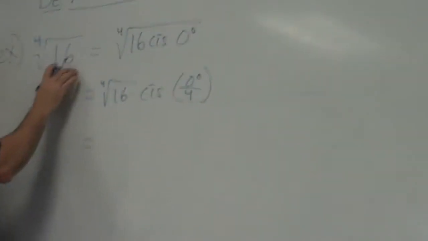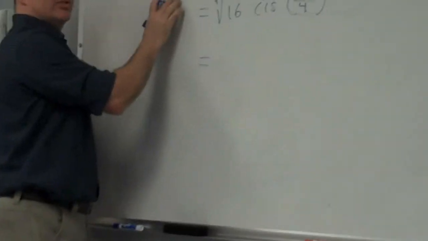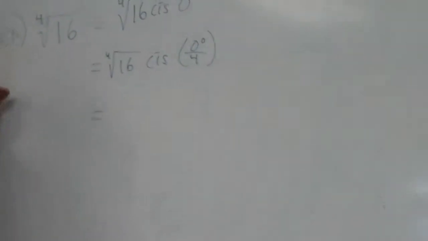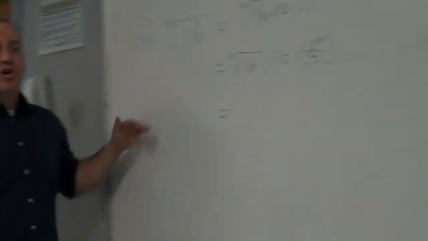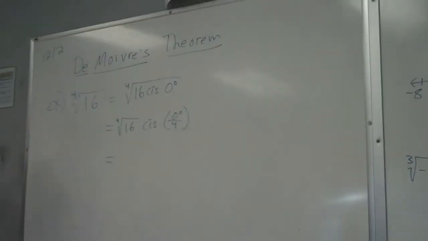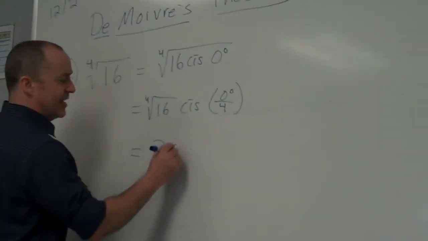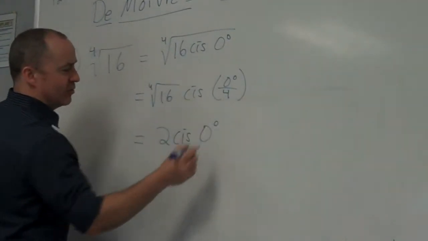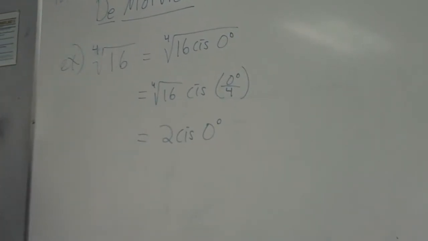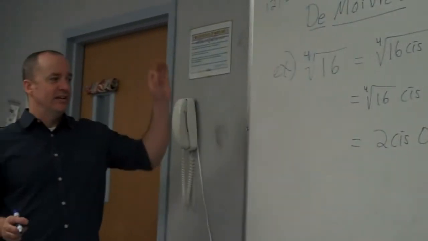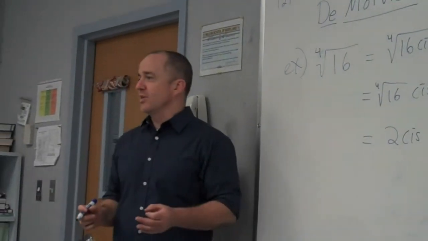Because 16 is a real number, and real numbers are either cis 0 if they're positive or cis 180 if they're negative. Just a way of saying they're on the x-axis. That's where all the real numbers are. Thank you for asking. So my first answer is the one Megan gave me in real form, and Parker gave me in polar form, 2 cis 0. My other answers are spread evenly around the coordinate plane.